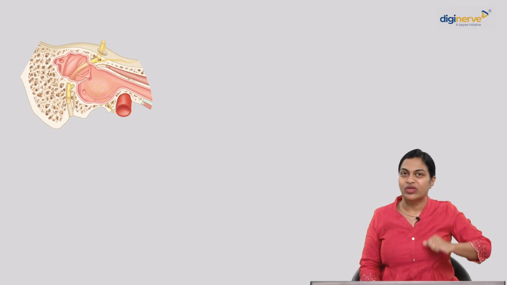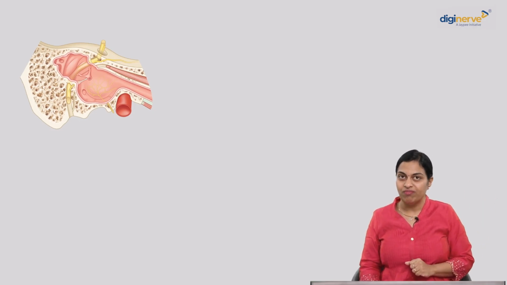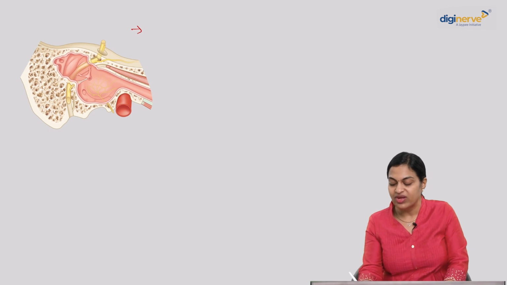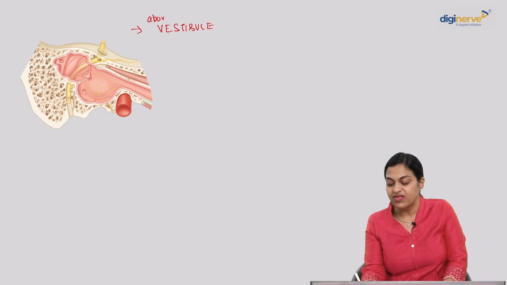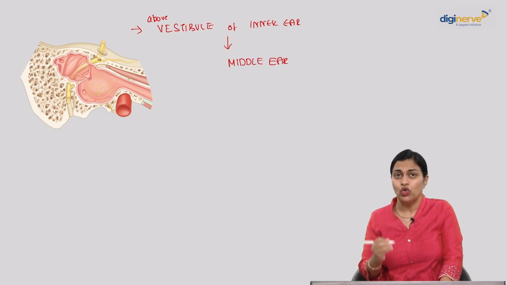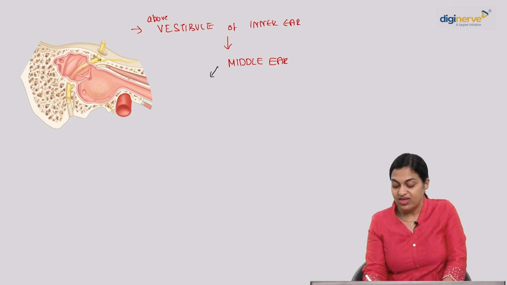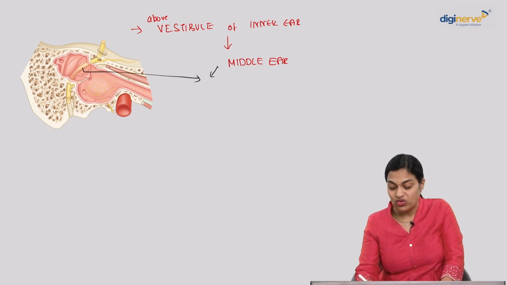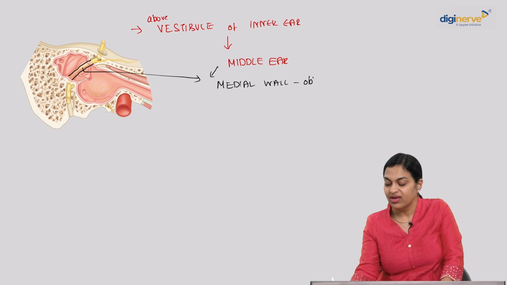Okay, coming back again to the course of the facial nerve, we saw it's entering the inner ear through the anterosuperior quadrant of the internal acoustic meatus. So as soon as it comes in, you can see it above the vestibule. The facial nerve runs above the vestibule of the inner ear. And then it reaches the middle ear. In the middle ear, it will be related to two important areas. You can see this is the oblique course of the facial nerve over the medial wall, right?